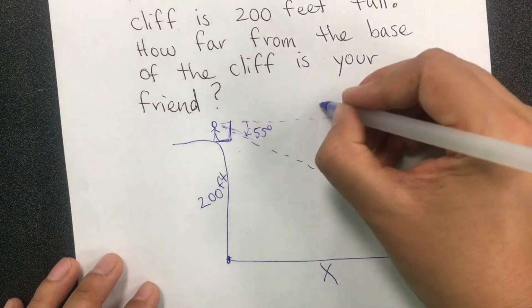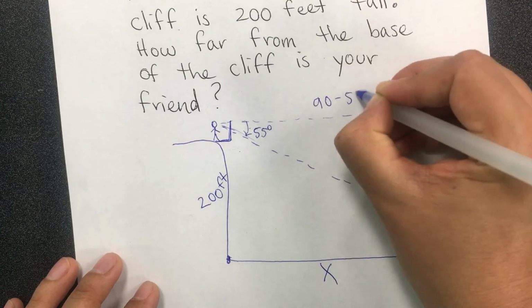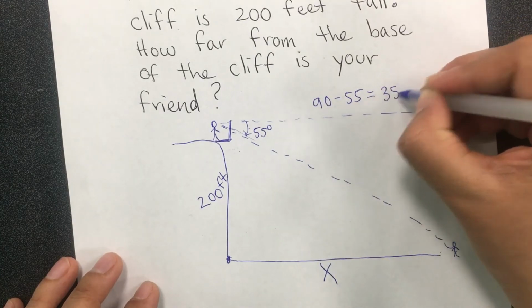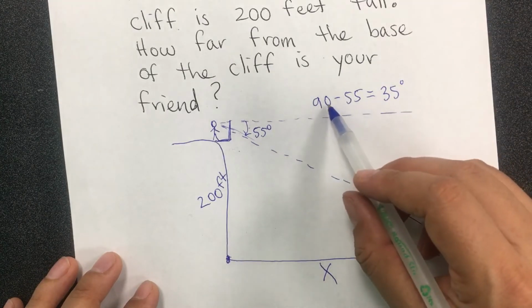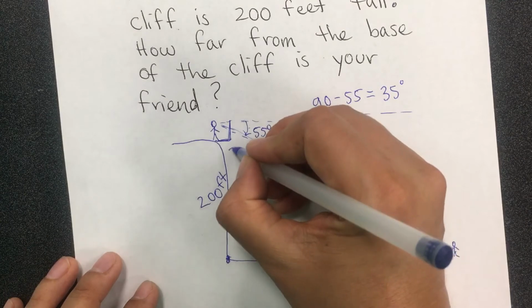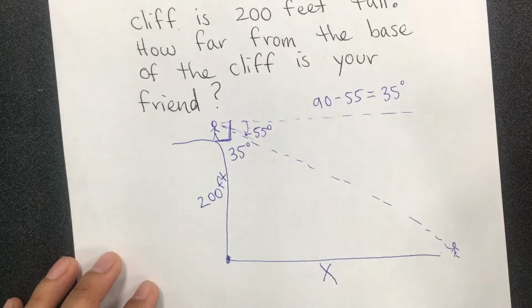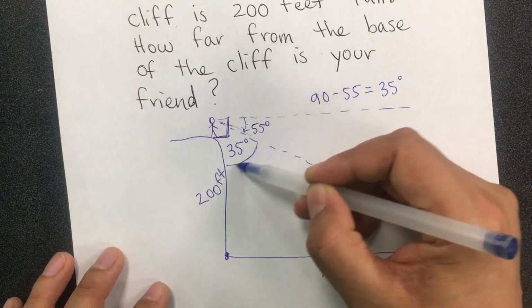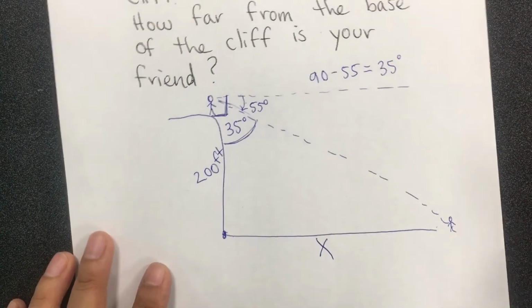So 90 minus 55 gives me 35 degrees. That's the angle right here. Now we have the angle that we really need in order to solve this problem.